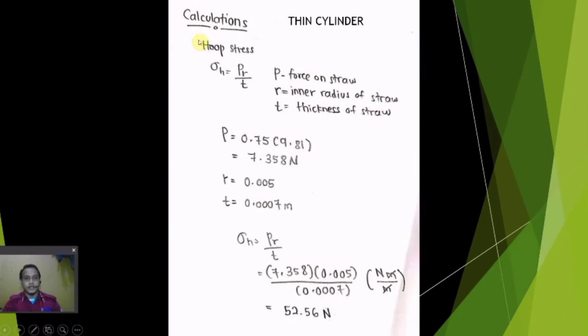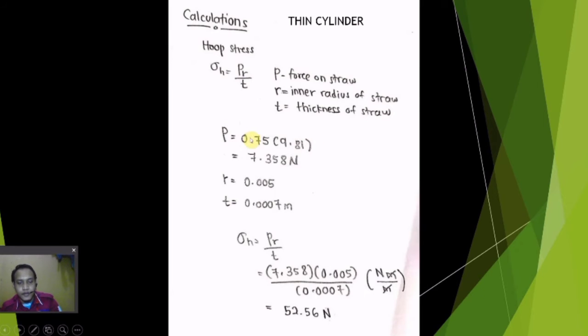So in the thin cylinder, we have hoop stress. Hoop stress is equal to force on straw multiplied by inner radius of the straw divided by thickness of the straw. So for the force, we divide the weight 6 kg by the 8 columns. 8 columns to distribute the force equally.